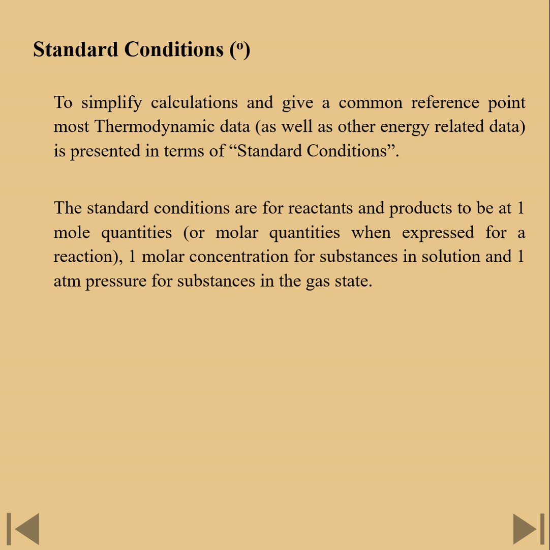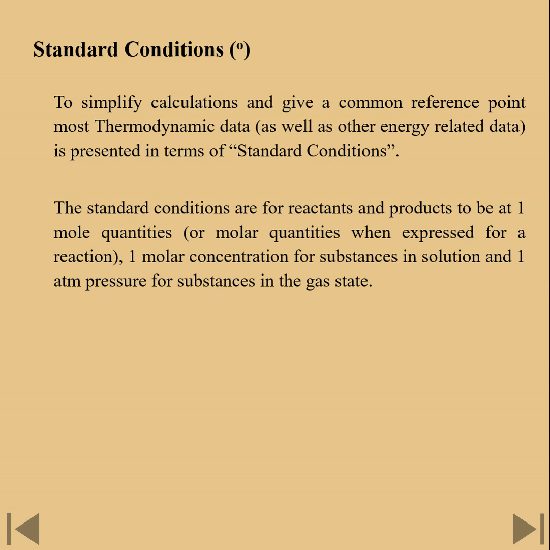And so our standard conditions turn out that for anybody in their pure state, we would have 1 mole quantities. If you happen to be in a mixture, meaning you have a variable concentration, then we would use your concentration, so your concentration will become part of it.